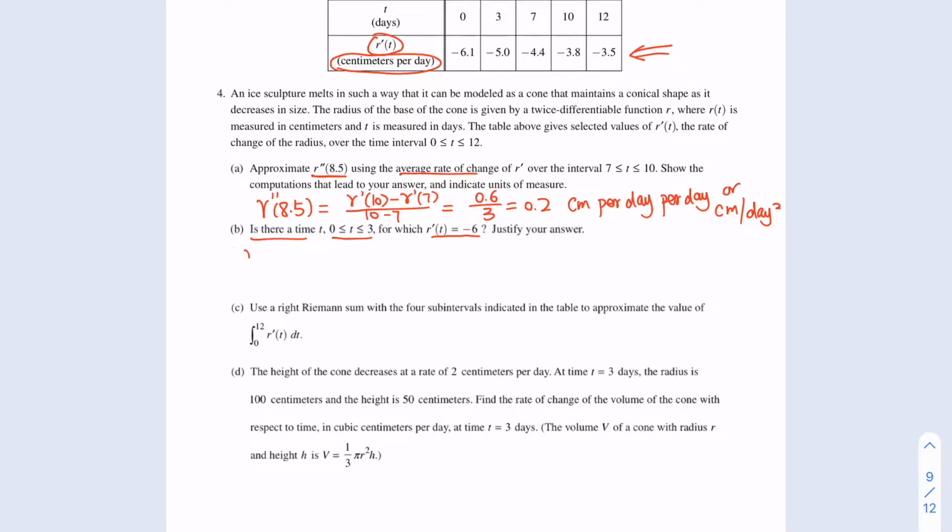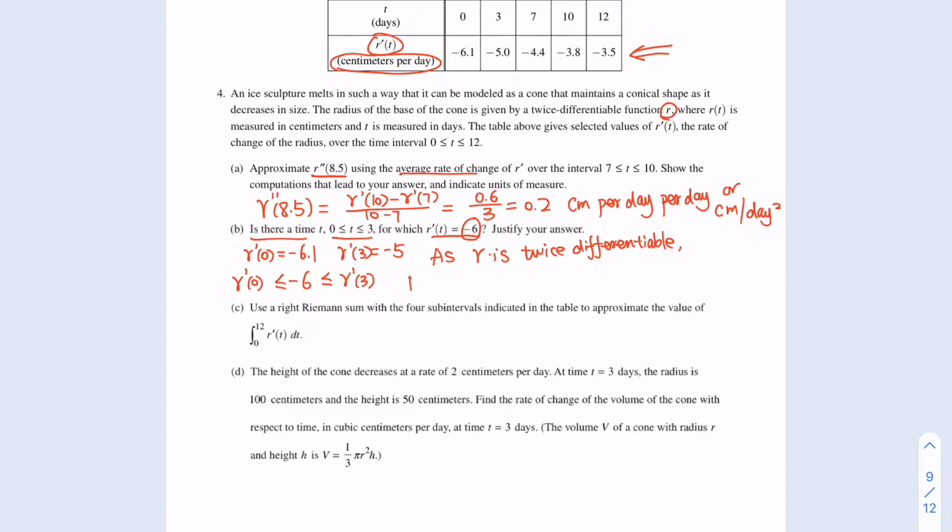So for this one, given r prime at 0 equals -6.1 and r prime at 3 equals -5, the value we are looking at is -6, which is right between r prime of 0 and r prime of 3. As r is twice differentiable, r is continuous and differentiable, so r prime is also continuous and differentiable.